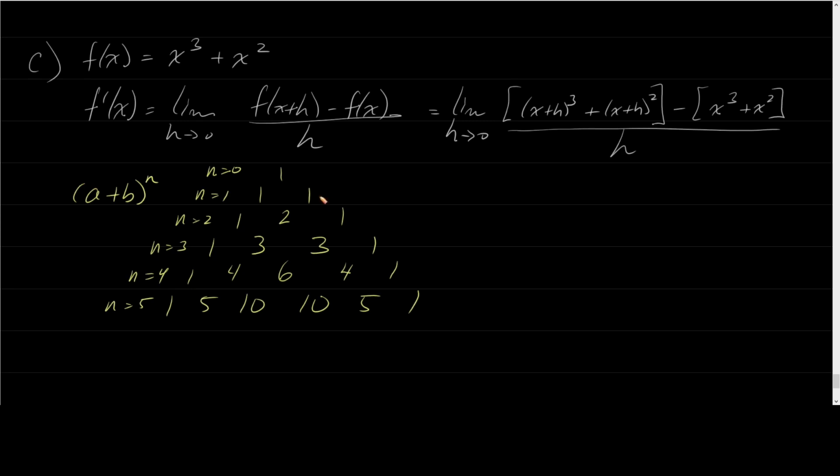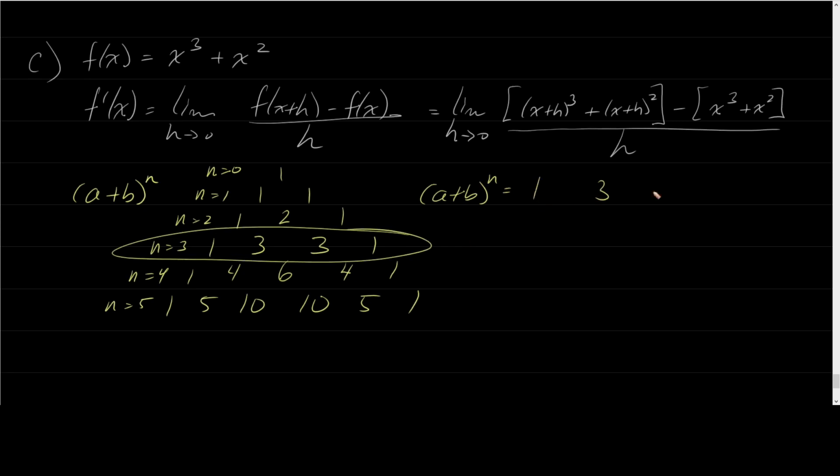So that tells me that if I'm going to do it to the third power, right here, well, if I have (a plus b) to the n, my coefficients are going to be based out of this line. So I have 1, 3, 3, 1.